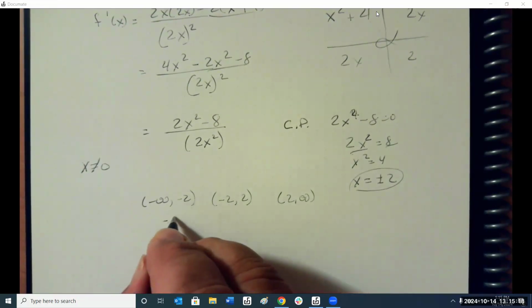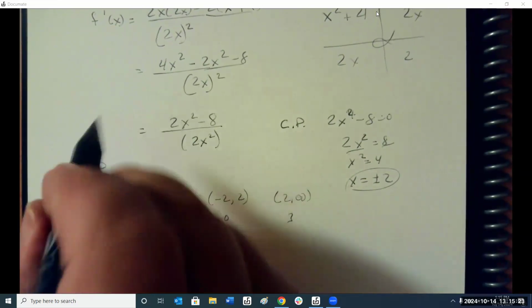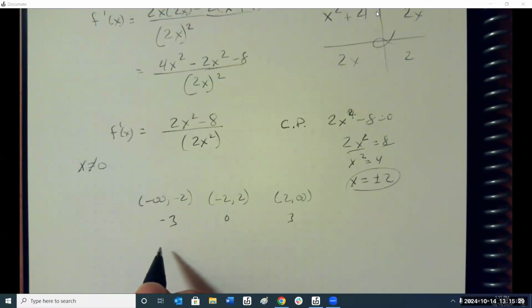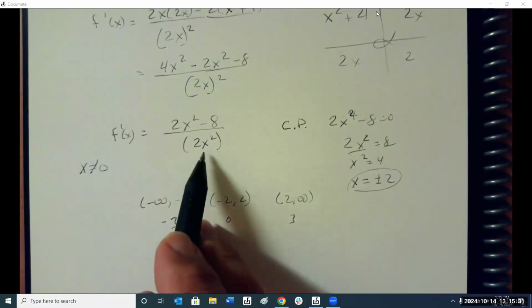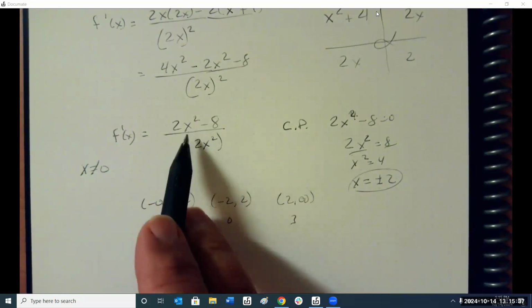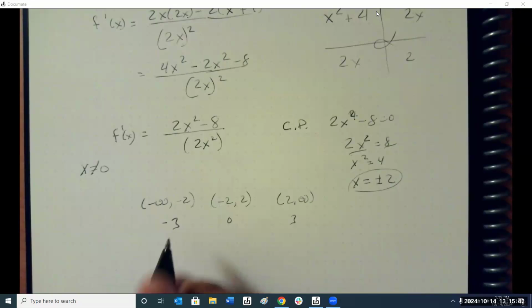So if we take negative 3, 0, 3, put them in my first derivative. The bottom can never be 0. The top can be. Negative 3 squared is 9. 2 times 9 is 18. 18 minus 8 is 10. 10 over 18, so it's 5 over 9, it's positive.